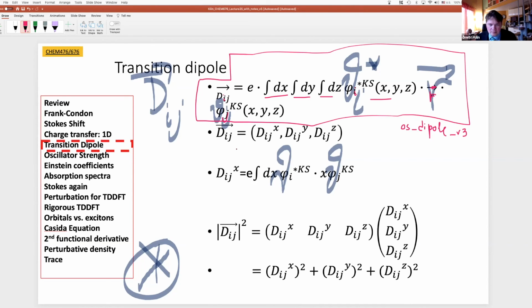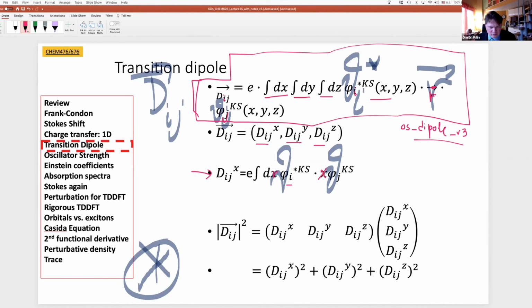So as a result of oscillator os dipole, you get the three components of the transition dipole: x, y, and z for each pair of orbitals. And if you do not like the equation in the red box, here is the partial equation for the x component, and there are similar ones for y and z. So one takes the projection of the coordinate and then makes an integration.